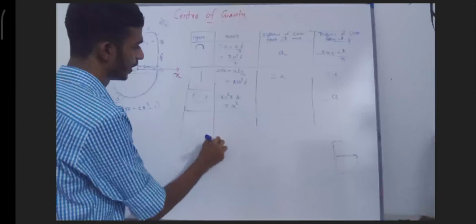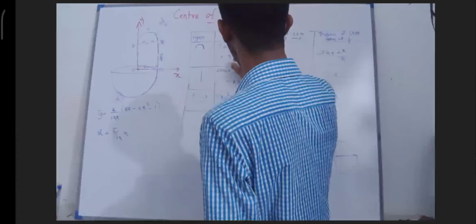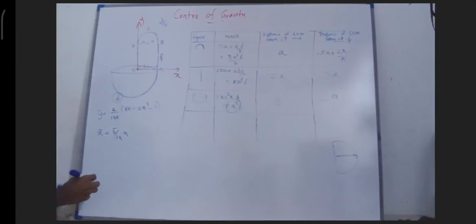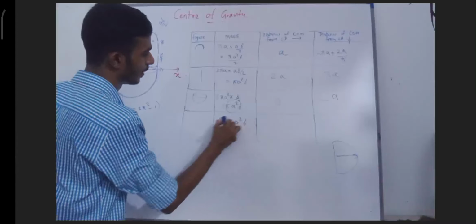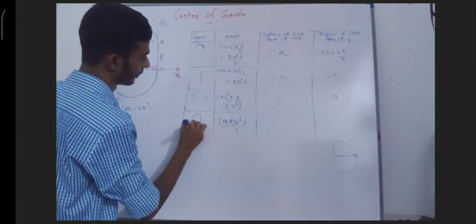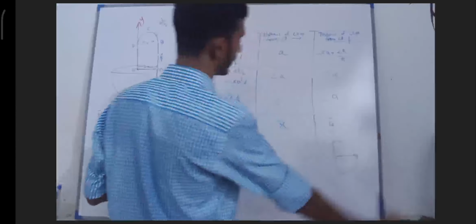Now what I have to do is take the total. If I add these, I get 19 pi a square sigma by 2. Now this is x bar and this is y bar.